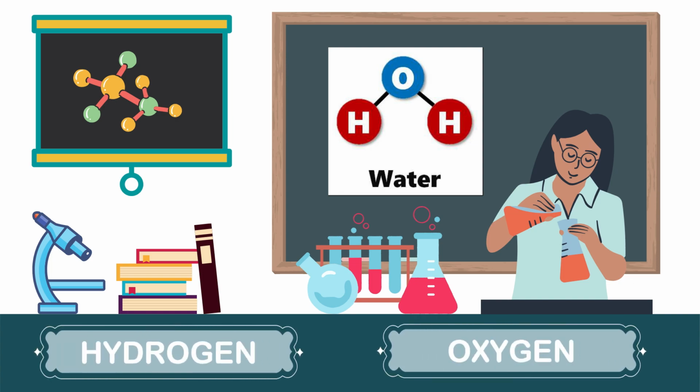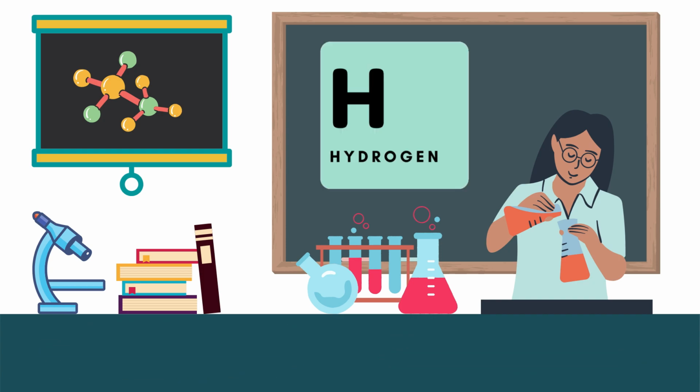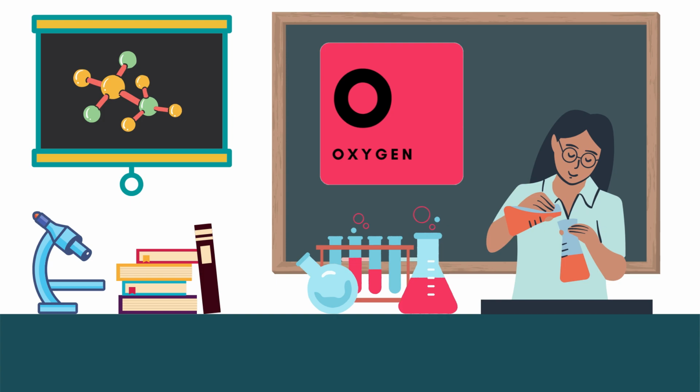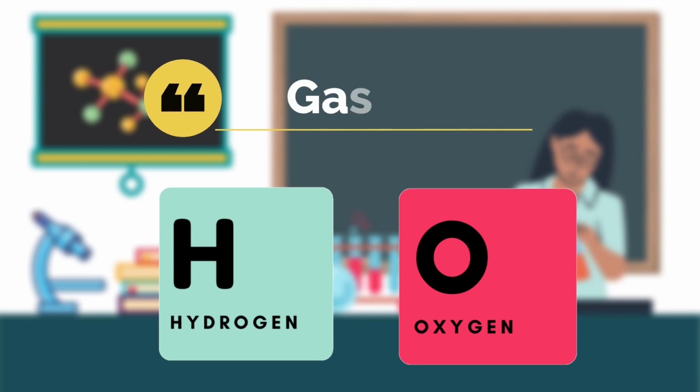Although these elements are the components of water, they have different properties. Hydrogen is a flammable gaseous substance, and oxygen, a highly reactive nonmetal, supports burning, while water extinguishes fire. Hydrogen and oxygen exist as gases at room temperature.